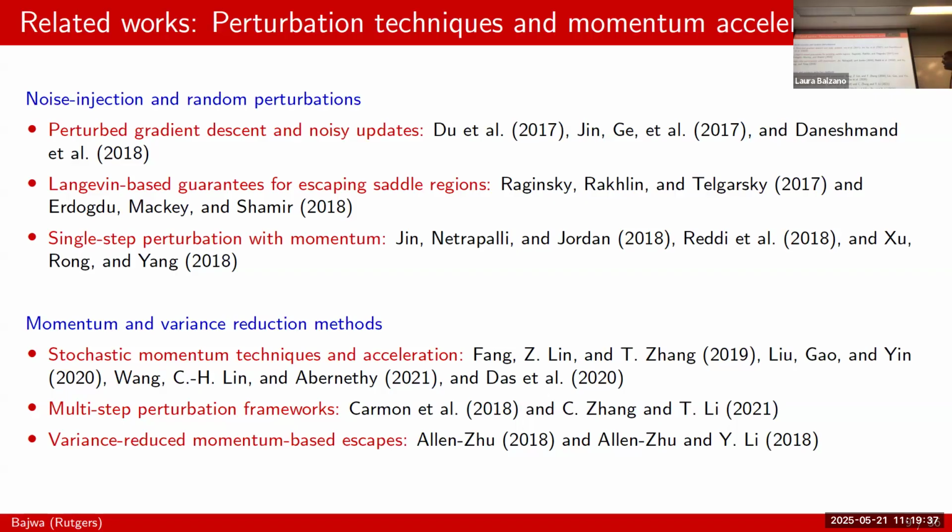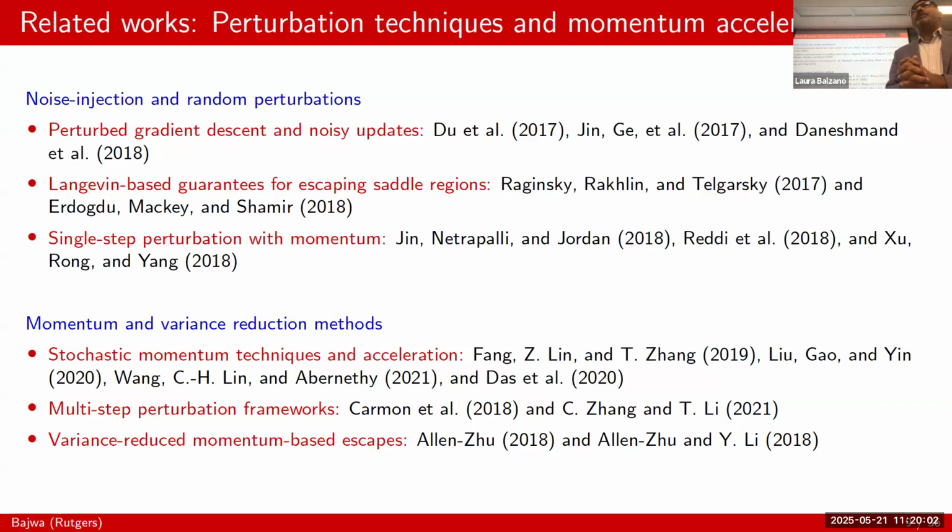Okay. And then people have looked at momentum and various acceleration-based methods, but they are very much in the same vein as I talked about earlier, where they are talking about momentum-based escapes, but they don't ask the question about exact escape, and they are not asking the question about what is the interplay between escape and convergence.